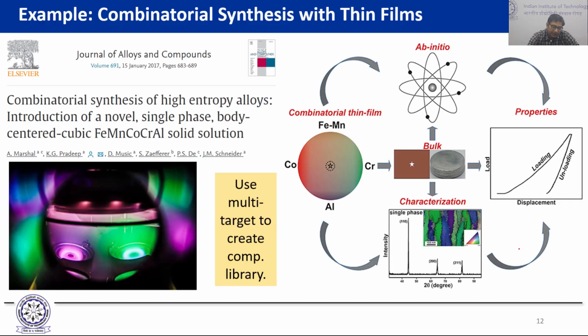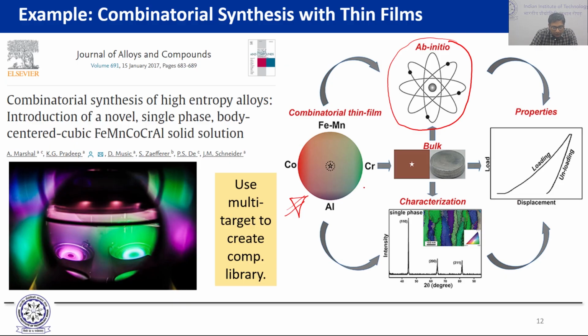So essentially what they did, they started with this combinatorial thin film experiment where they generated a library of compositions by gradually changing the biases for the target so that they can generate different alloy chemistries in different parts of the thin films. Now, in this work, the researchers were also trying to supplement their experimental data by ab initio. Of course, this is not strictly a part of your combinatorial experiments, but nonetheless, this is something that they did.